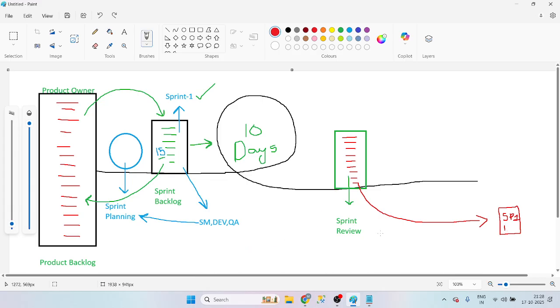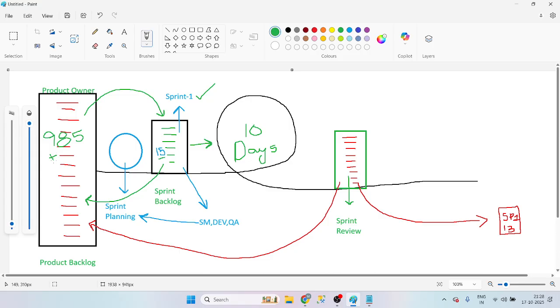If the product owner says that two items are not well developed, we are deploying 13, and we are giving these two items back to the product backlog. Previously, how many tickets were there? 985 tickets.